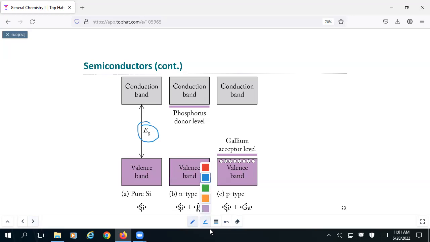Well, it raises the valence band, and now instead of that gap being the super gigantic Eg gap that we saw, now the gap is just this right here.